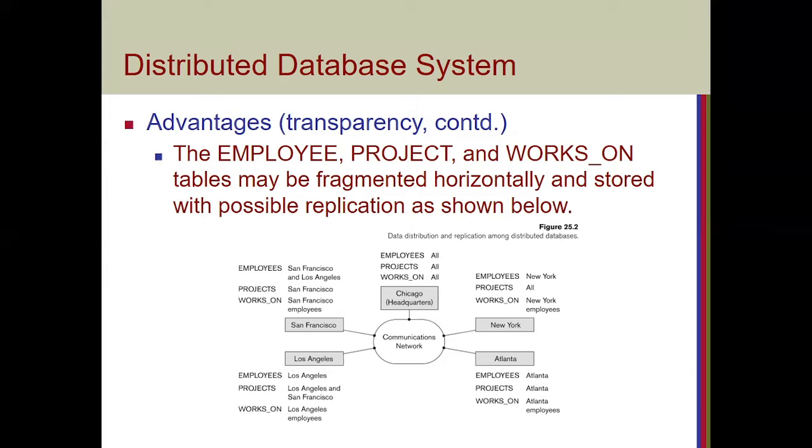So how do we perform this transparency? It can be established by what we refer to as data fragmentation and replication. Ideally, we are going to mention briefly the two categories of fragmentation: horizontal fragmentation and vertical fragmentation.